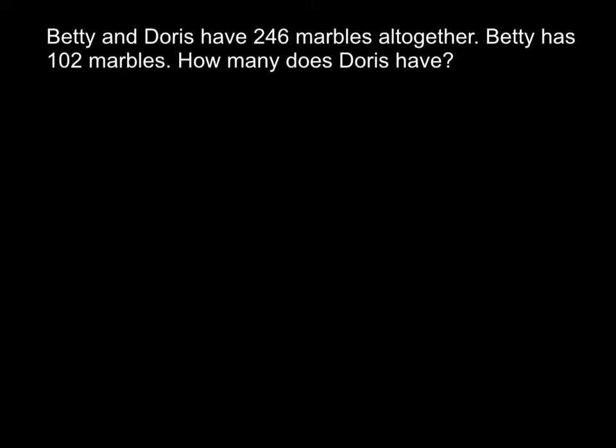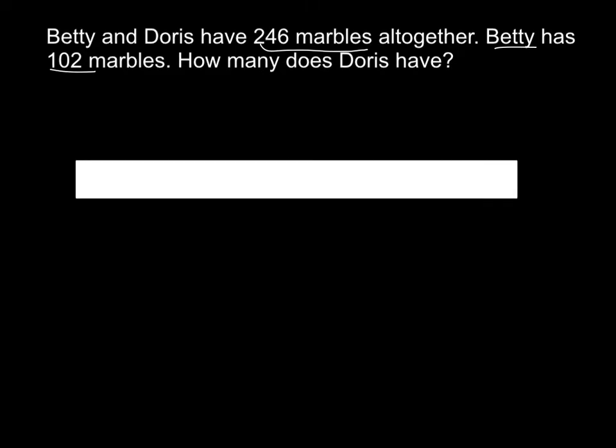So when solving any word question, what you need to do first is work out what you know and what you don't know. So I know that altogether there are 246 marbles because it tells me here, and I know that Betty has got 102. So with my bar method, I'm going to draw a rectangle, and then I'm going to start marking this off.